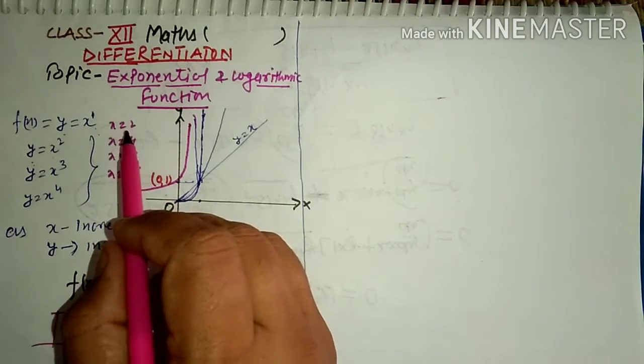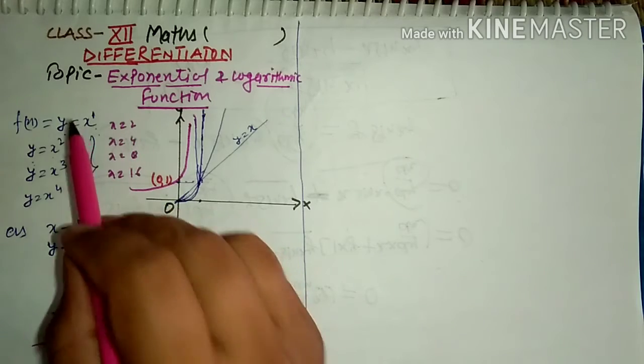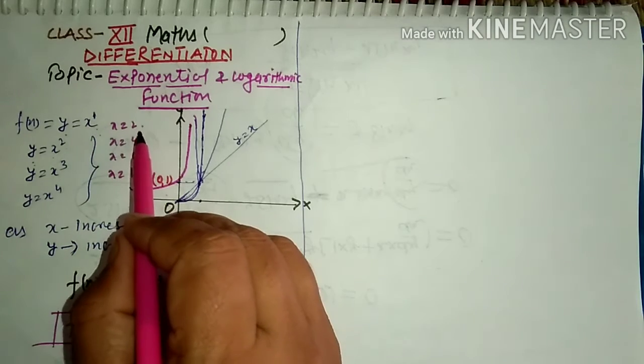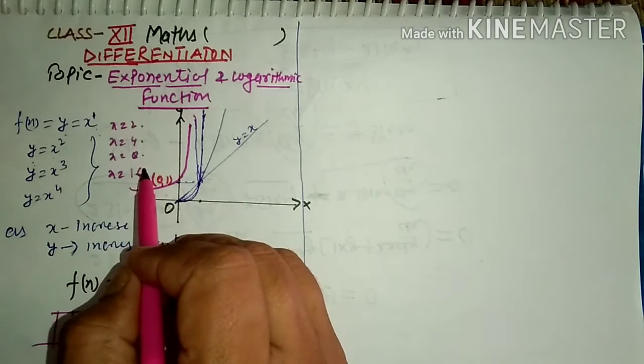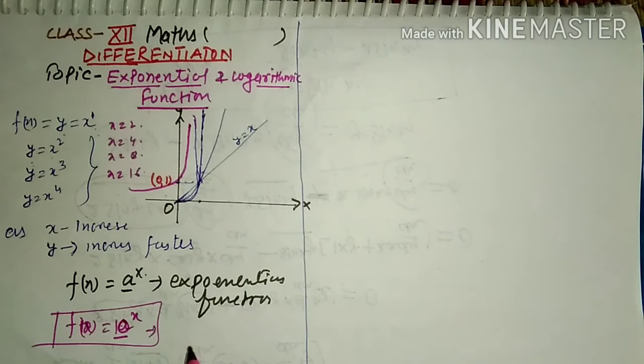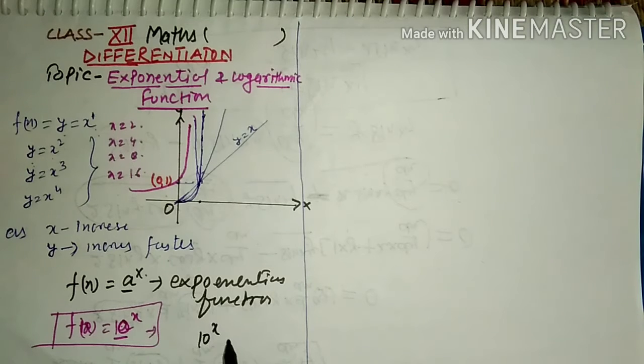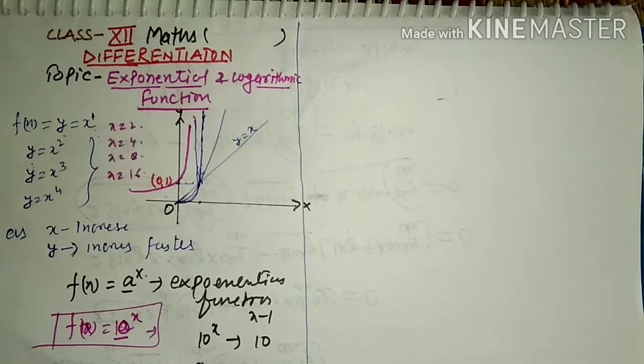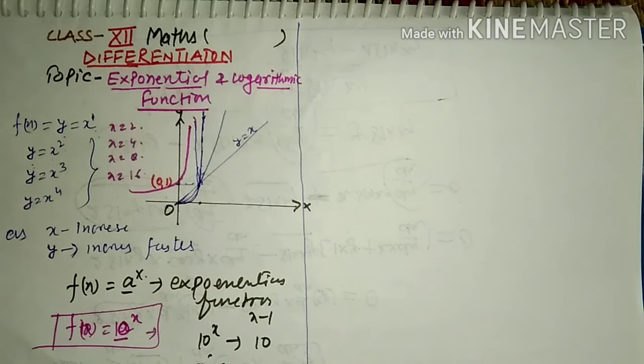Clear? फिर से ऑब्जर्व कर लेते हैं. For a constant value 2 to 4, 4 to 8, 8 to 16, but in 10 to the power x, देखिए 10 to the power x, x is equal to 1 पे कितना आएगा 10, और x is equal to 2 पे कितना आ जाएगा, 10 to the power 2 is equal to 100.